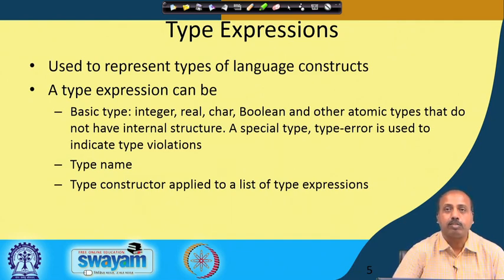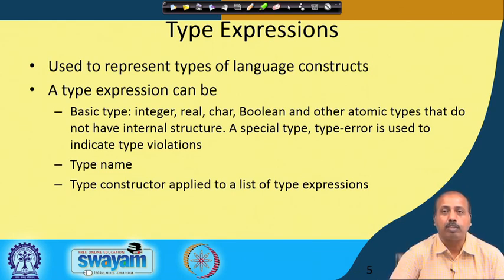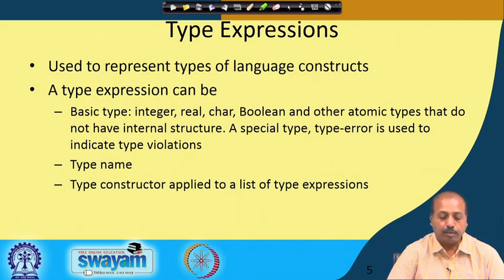In that case integer also can become a derived type, particularly if you are looking into hardware description languages. There we have bits as the basic type, and from there we can construct integers of different bit widths.